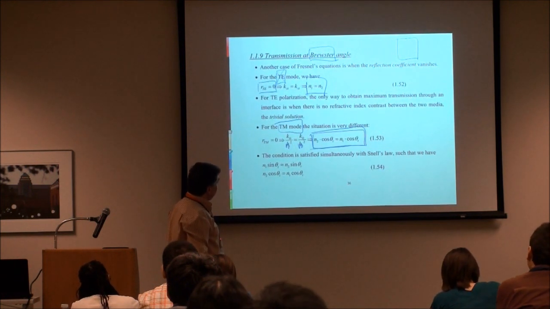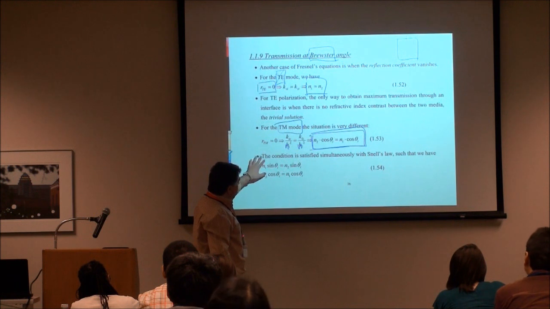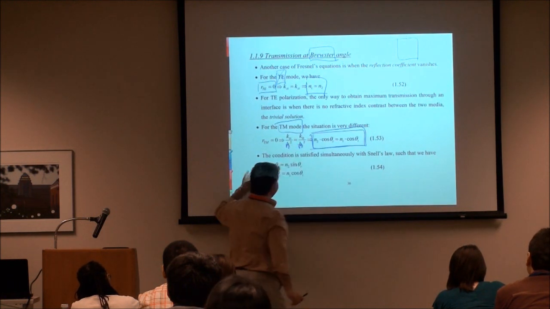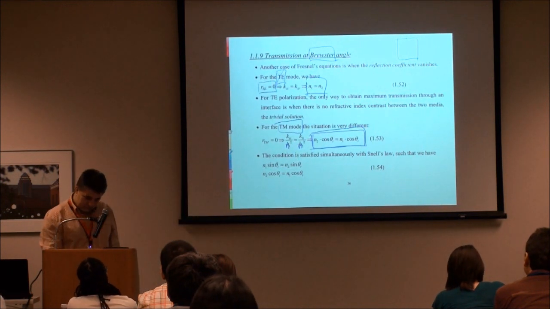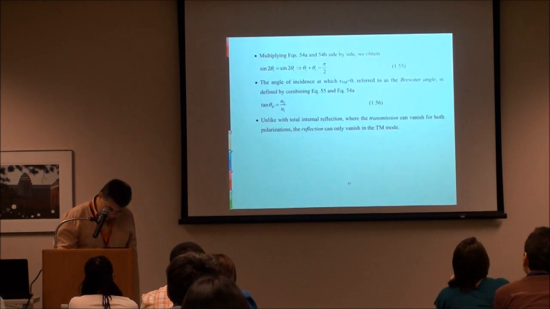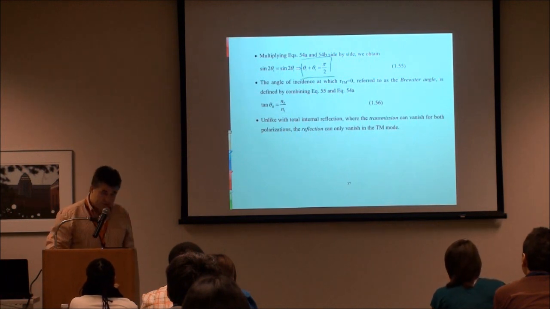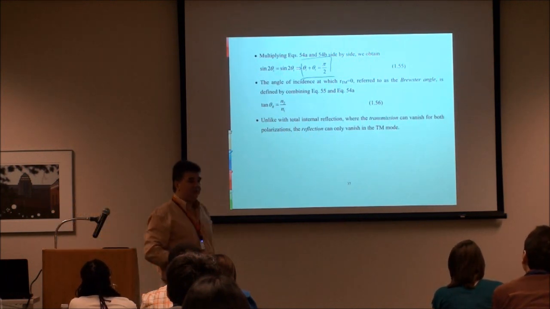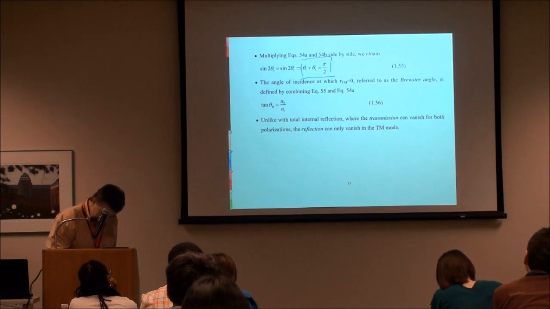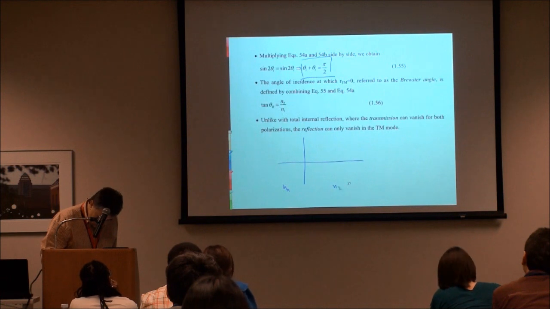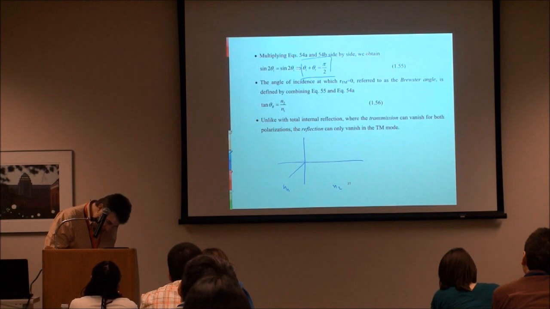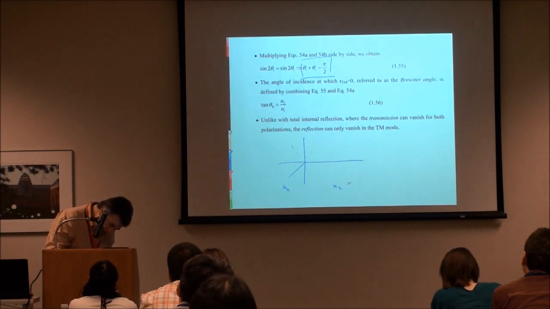So the condition is satisfied simultaneously with Snell's law, which is this one. If you work that out, something very nice happens. The 100% transmission through the interface happens when, again, this is N1, this is N2, the reflection would happen at 90 degrees.